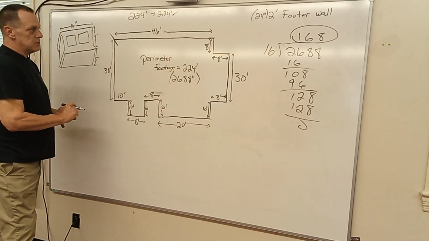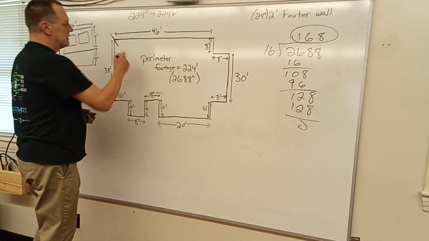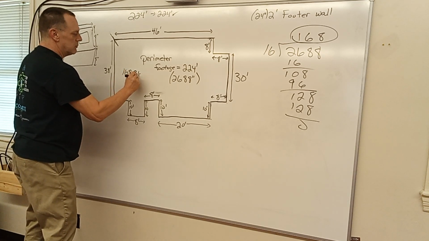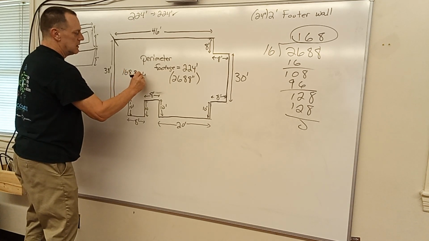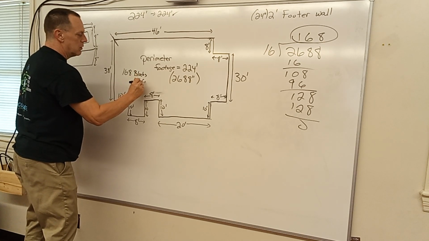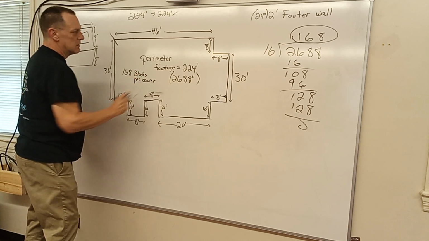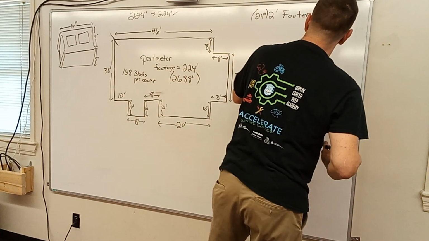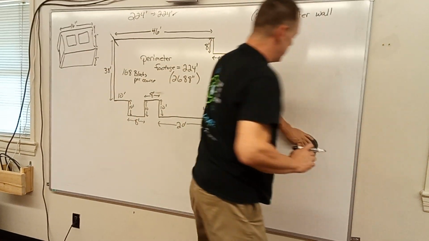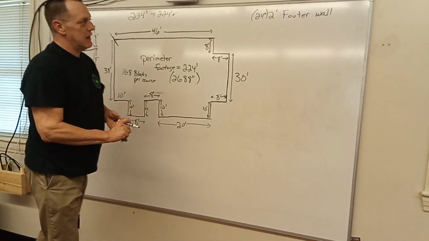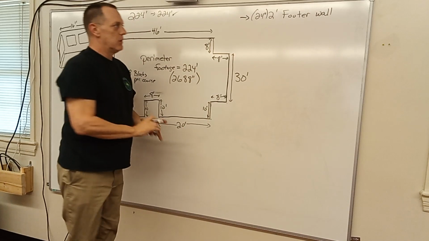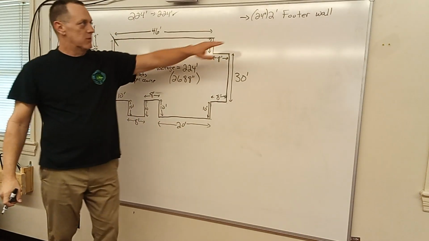Now, in this situation here, and let's write that over here, 168 blocks per course. All right? That takes care of one course, but remember I gave you, or the book in this case gives you that we're wanting a 2-foot footer wall, which is 24 inches.